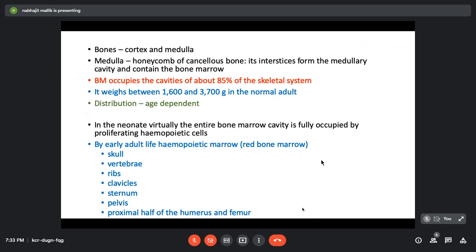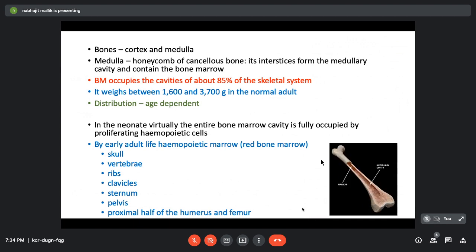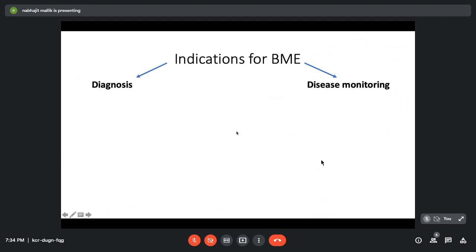By early adult life, though, the hematopoietic bone marrow, that is the red bone marrow, lies only in the skull, vertebrae, ribs, clavicles, sternum, pelvis, and the proximal half of the femur and the humerus. The bone marrow covered with fat is called yellow bone marrow. Here we can see a bone and the medullary cavity which has the bone marrow inside.